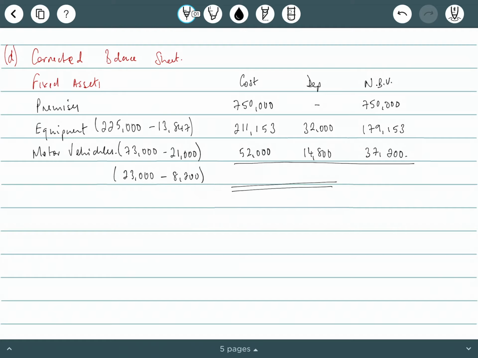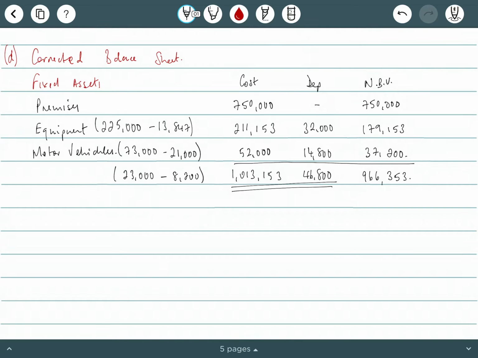We'll add those up there quickly. 750,000 plus 211,153 plus 52,000 is 1,013,153. Those two together is 46,800, and then 750,000 plus 179,153 plus 37,200 gives you 966,353.